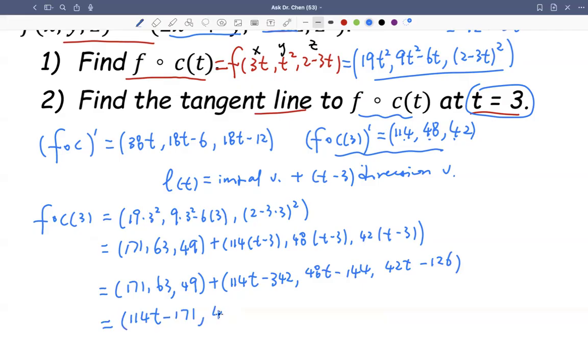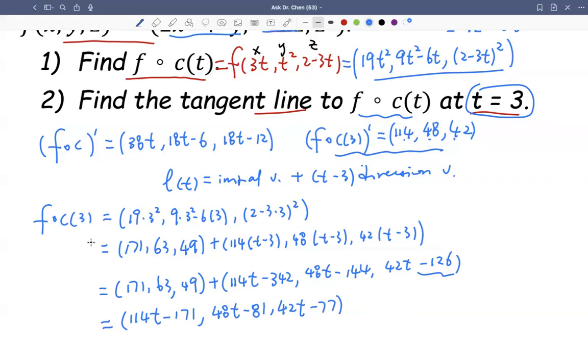Second component, we have 48t minus 144 minus 63, which gives us 81. Then lastly, we have 42t minus 126 minus 49. Oh, hold on a second.